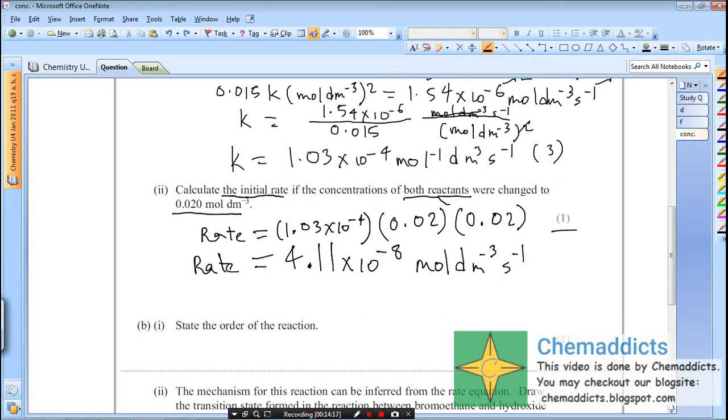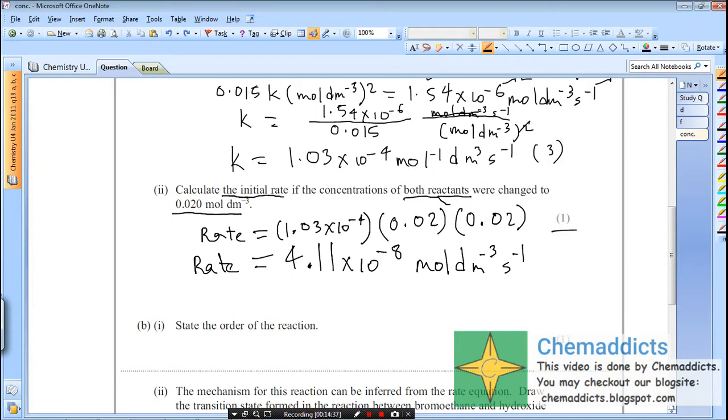If you have missed the unit, then you won't get the full mark. And if you have also missed the value, you won't be able to achieve the full mark.